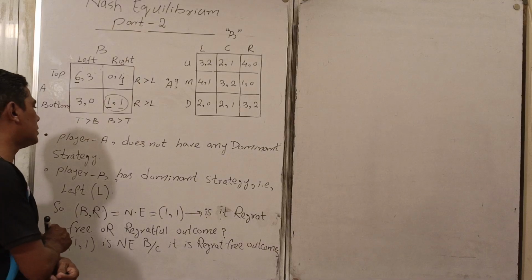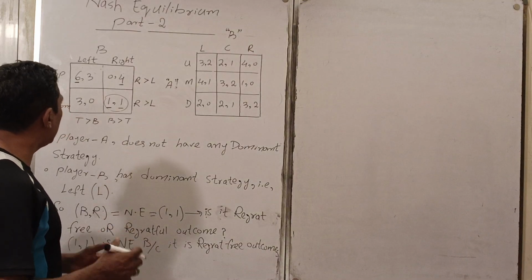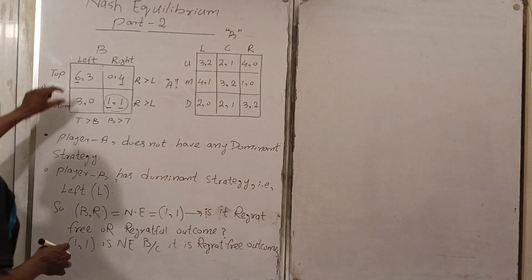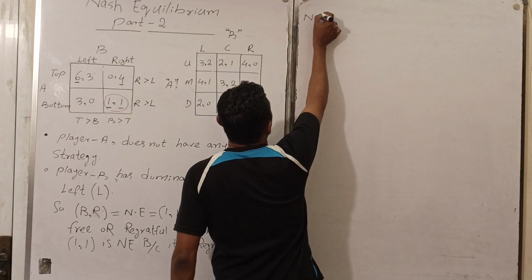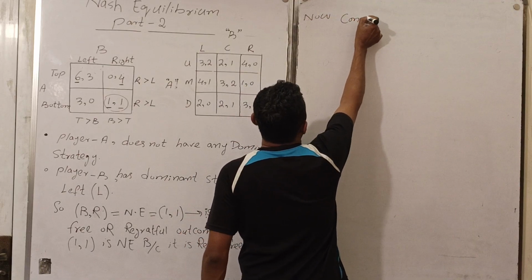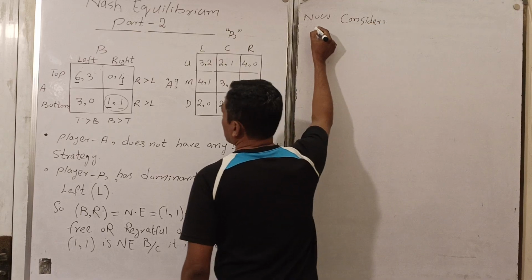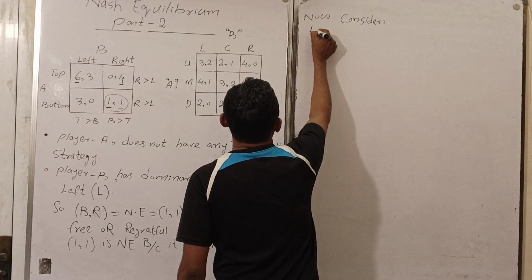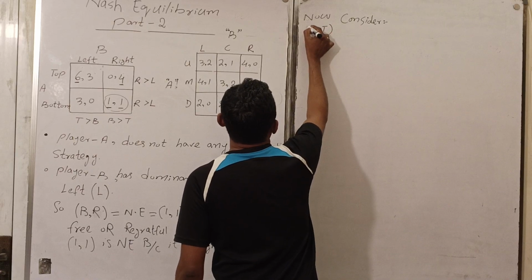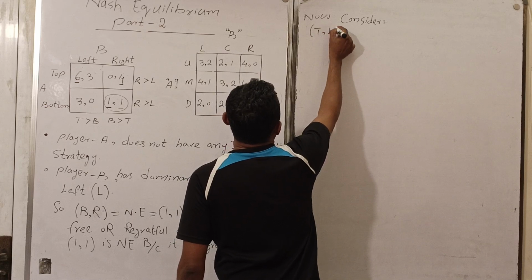Now look at this one. Consider another outcome. For example, we check this one. Now consider top and left.